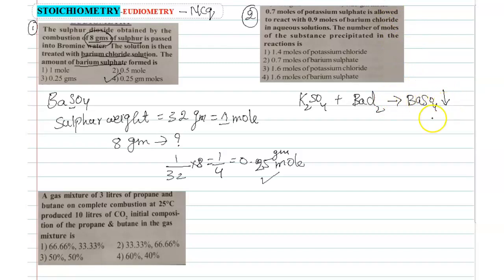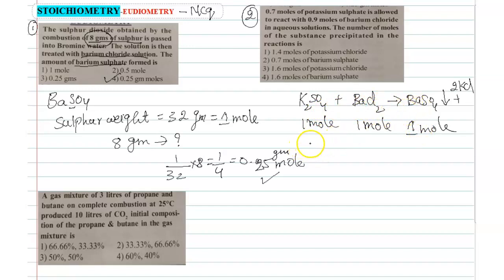BaSO4 precipitate plus 2 KCl salt. Here we are discussing barium sulfate precipitate only. So normally 1 mole of K2SO4 reacts with 1 mole of barium chloride to form 1 mole of barium sulfate.